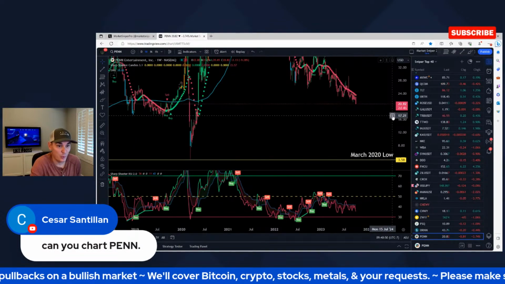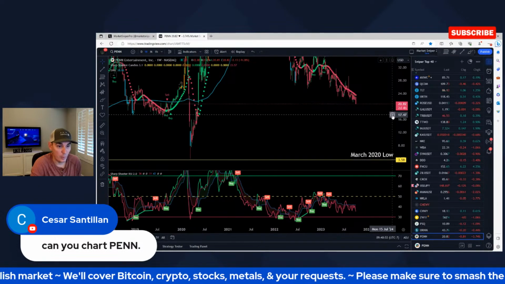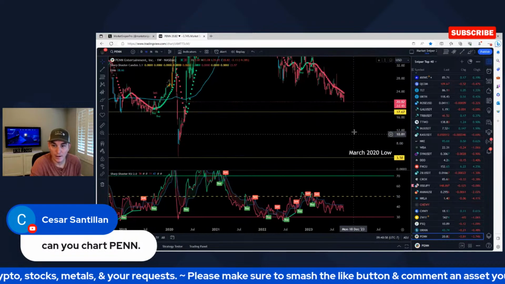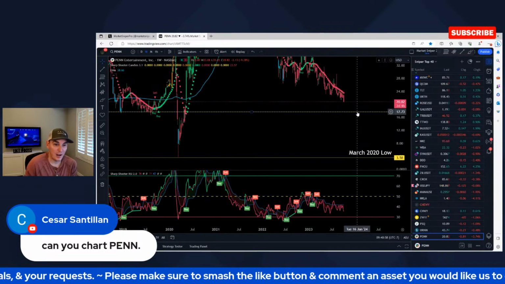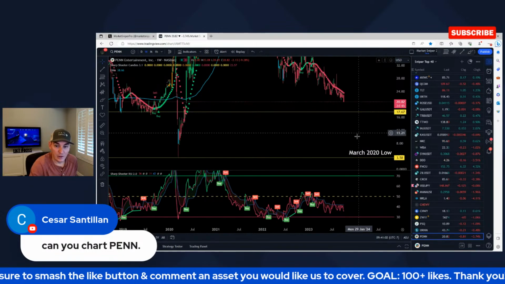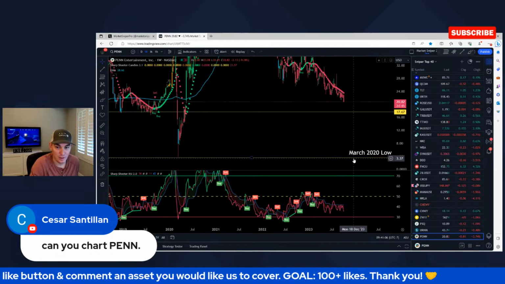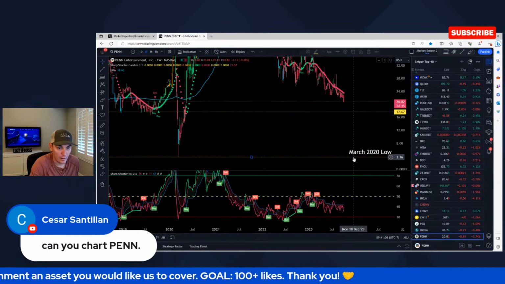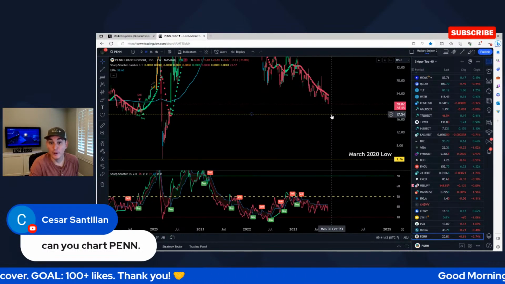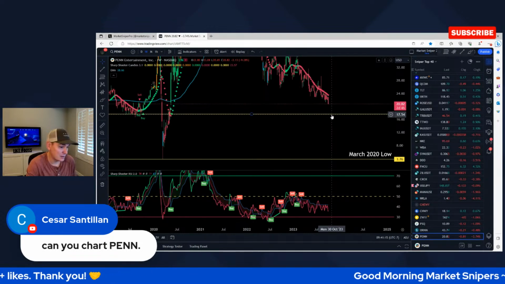Maybe there's some support right here on the weekly chart. Let's just eyeball that. Yeah, weekly support would be the next support area. If it doesn't hold that, then you can see the March 2020 lows, the wick, go like that. So the probabilities continue to stack that it's going to come back down to this weekly support.